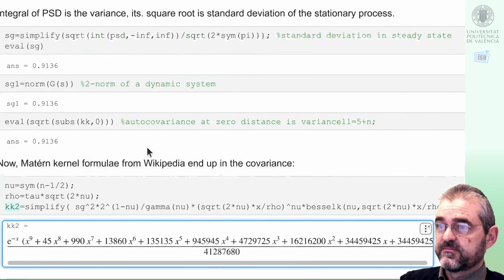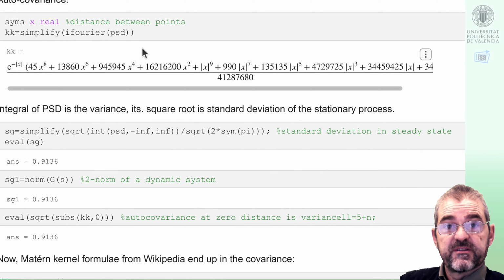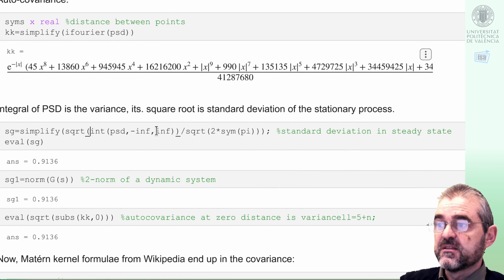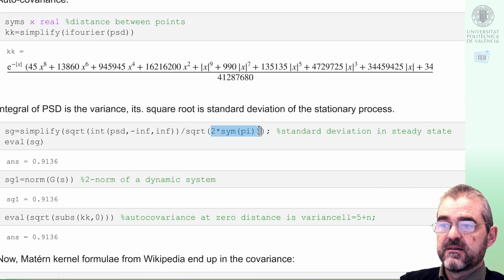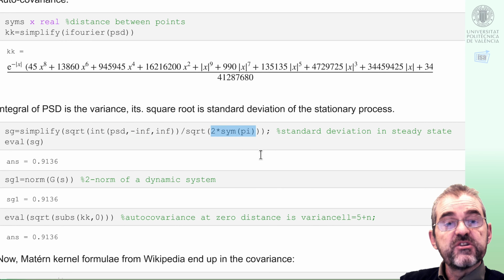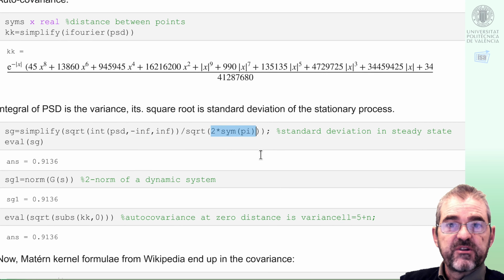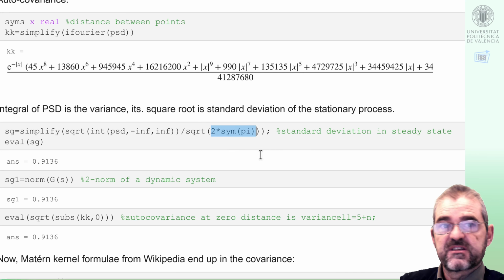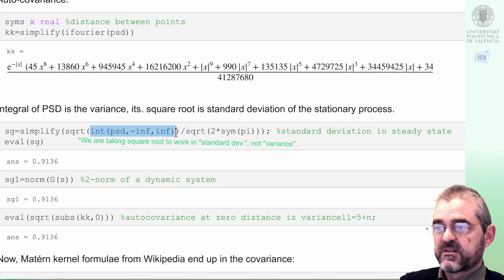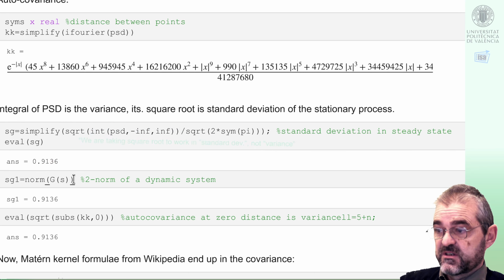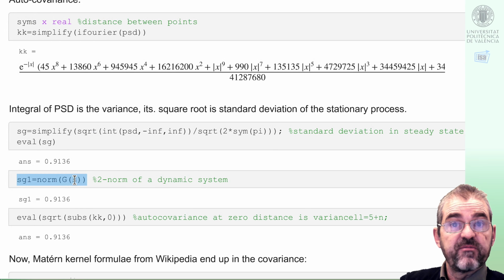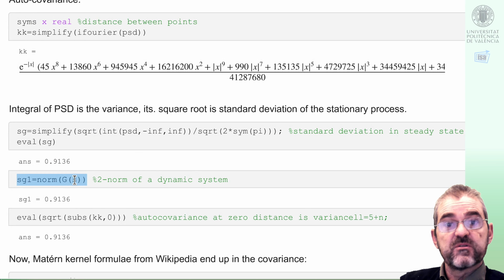And then if we wish to delve a bit further on this power spectral density and covariance, we can recall that the integral of the power spectral density is the Gaussian process steady-state variance. We have some 2 pi here because of alternate definitions of the Fourier transform, frequency in hertz versus radians and things like that. No problem, it's just scaling. But the integral of the power spectral density ends up evaluating to 0.91, which is the 2 norm of the spectral factor of the filter we are assuming that generates the Gaussian process.